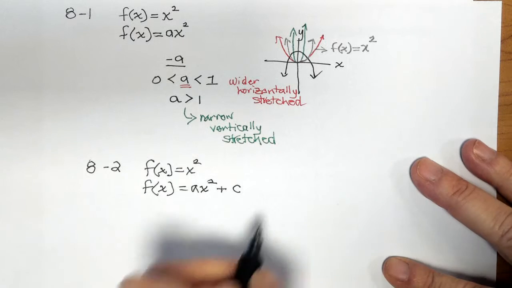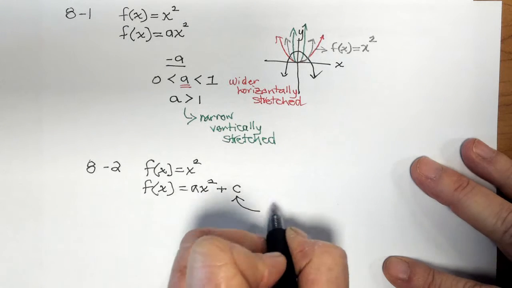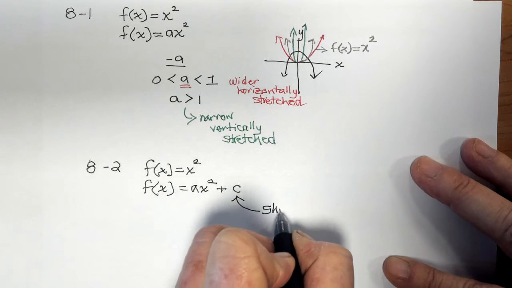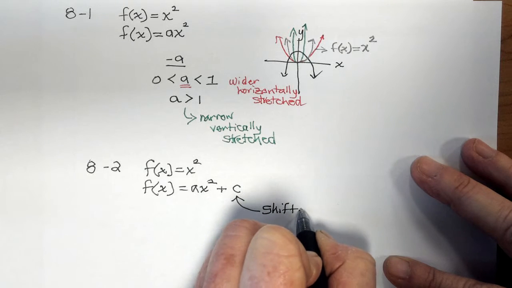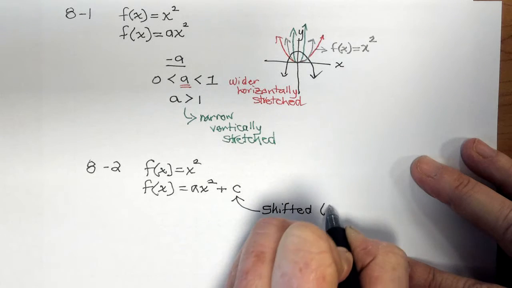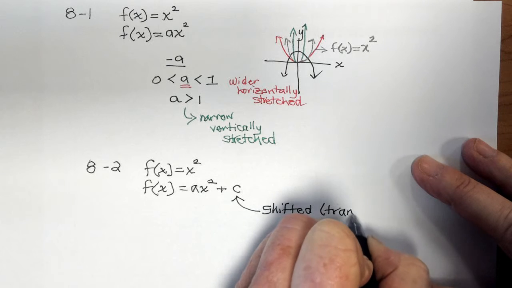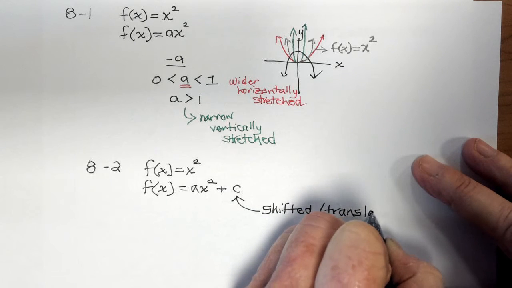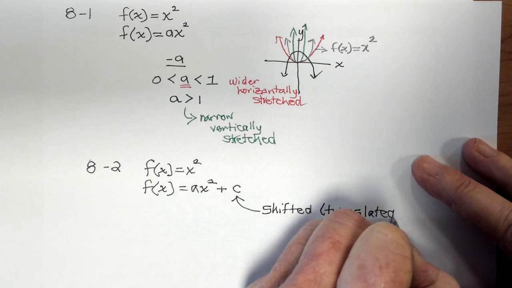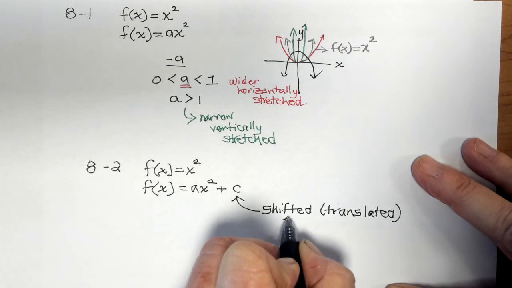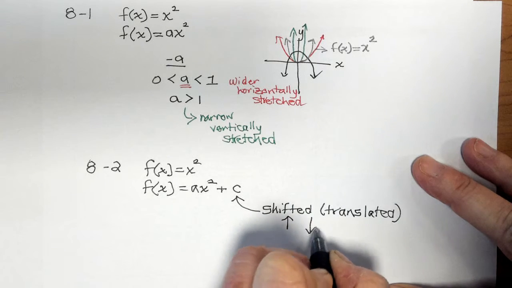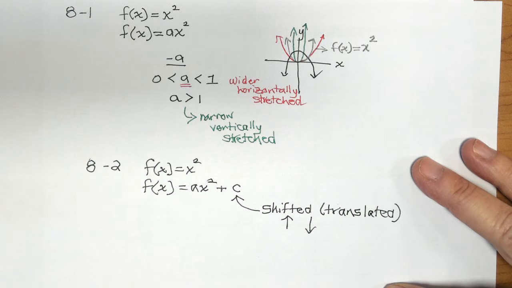And we needed to remember that that c translated my graph either up or down along the y-axis.